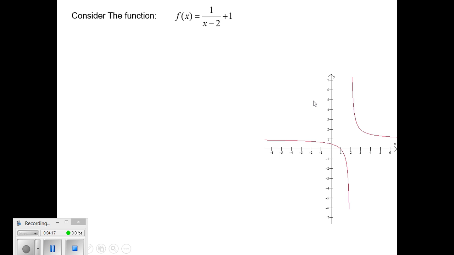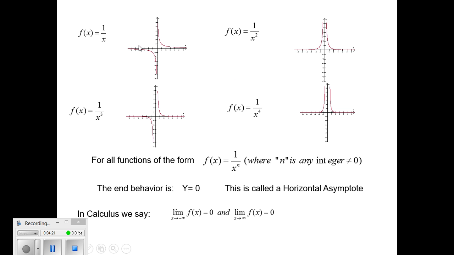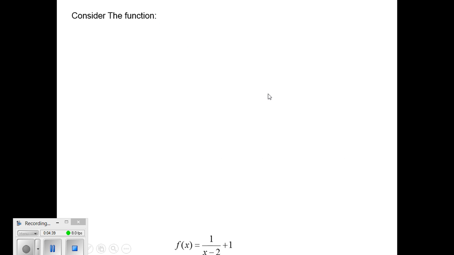So if we momentarily go back to our 1 over x graph, which hugged the x-axis as the horizontal asymptote and the y-axis as the vertical, then the translation should move those axes respectively.